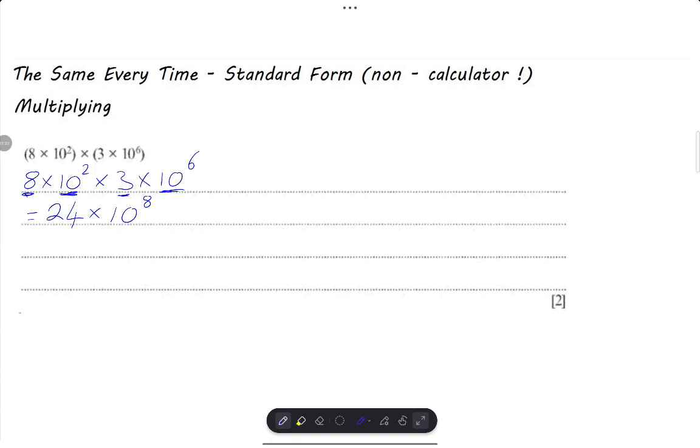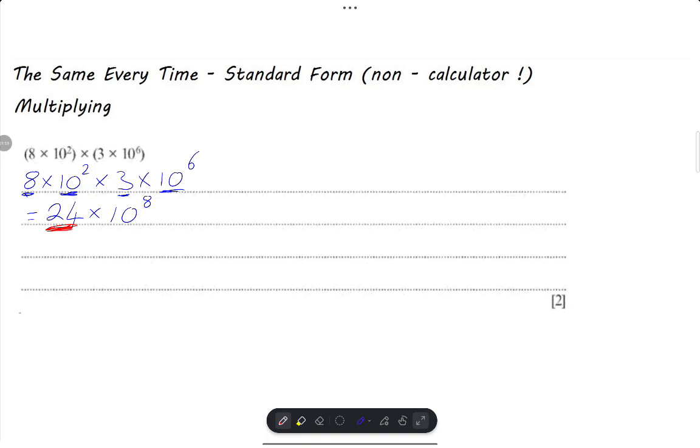Now, in a question like this, they will want us to write our final answer in standard form. And we should realize that the answer at the moment is not in standard form, because standard form is some number times 10 to the power some number, but the number at the beginning has to be between 1 and 10.